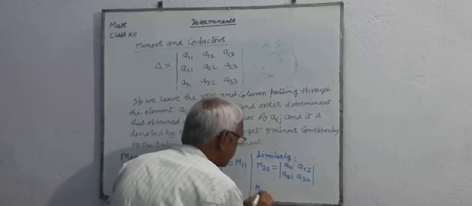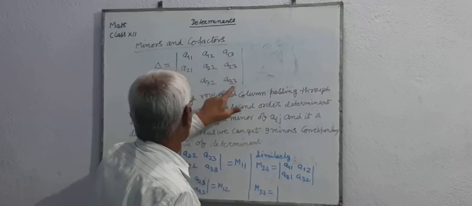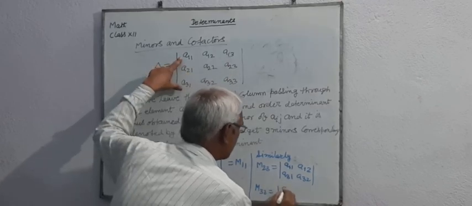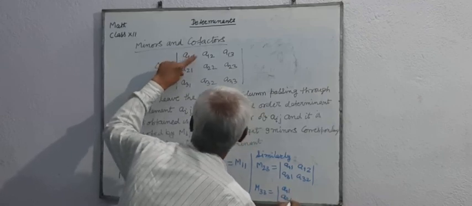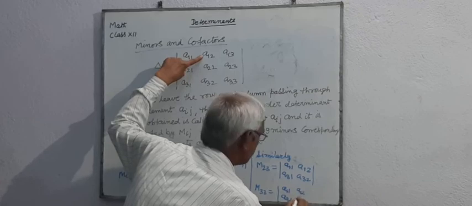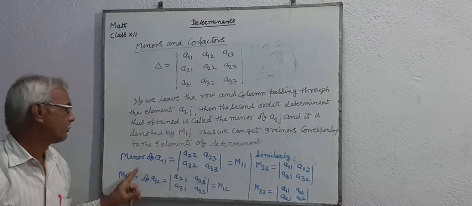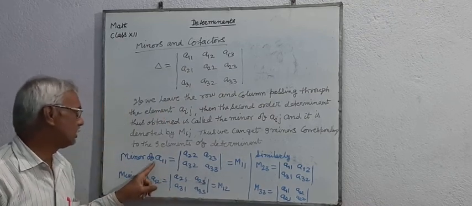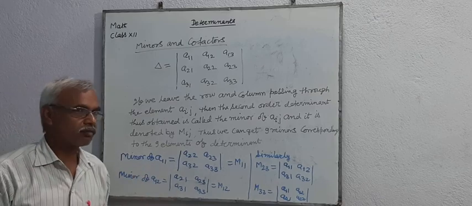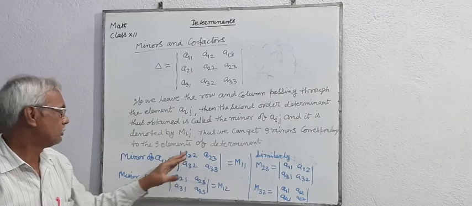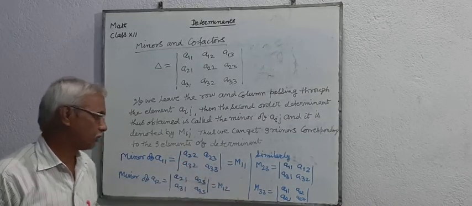Minor 3,3: eliminate the third row and third column, and we get a11, a21, a12, a22. Thus, we find the minor of all elements. Eliminate the row and column passing through that element, and we get a second order determinant, which is the minor of that element. Hence, we find the minor of all elements.